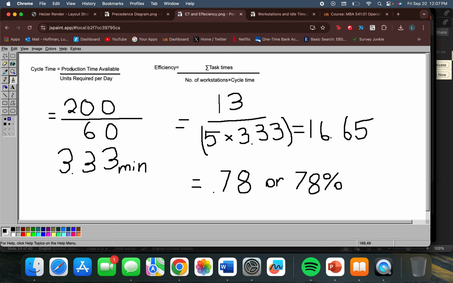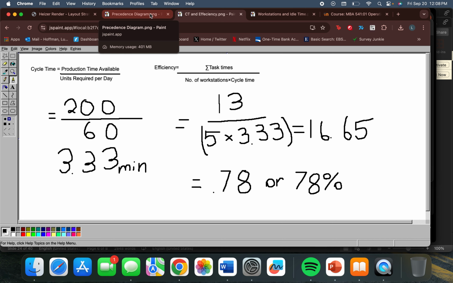So cycle time, the equation is production time available divided by the units required per day. These are the numbers I just went over. We have 200 minutes, and then we have to make 60 units per day. So that comes out to 3.33 minutes.